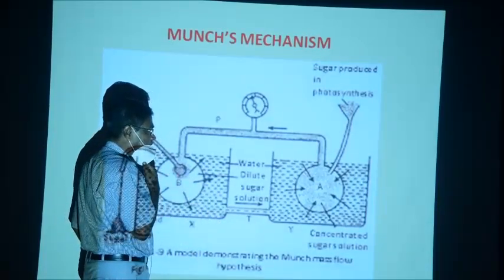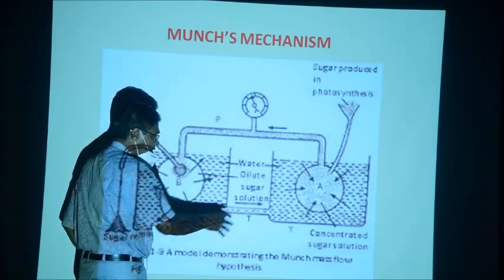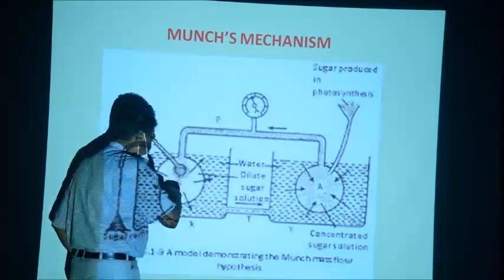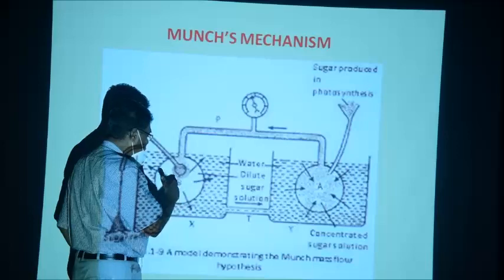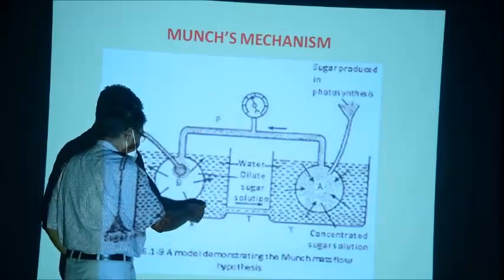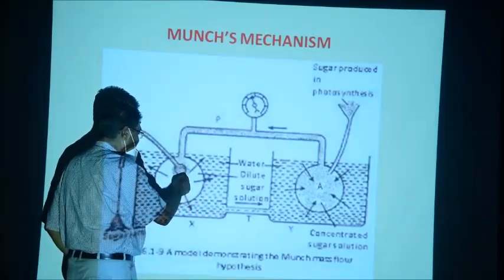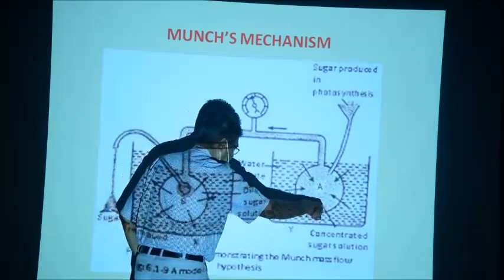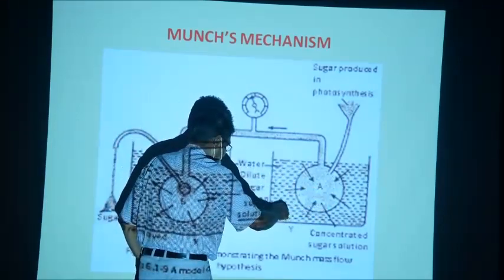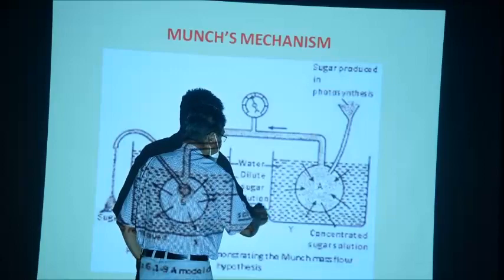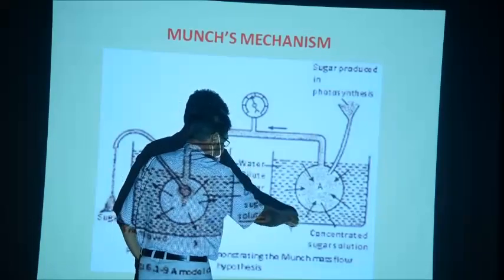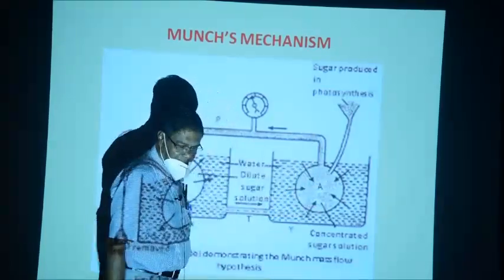Suppose the food is produced in the leaf, that is here, and it moves to the root. In the root it is used. So, water enters into the root, and again it comes like this to this place. This is the xylem, this is the phloem. So, the movement takes place.